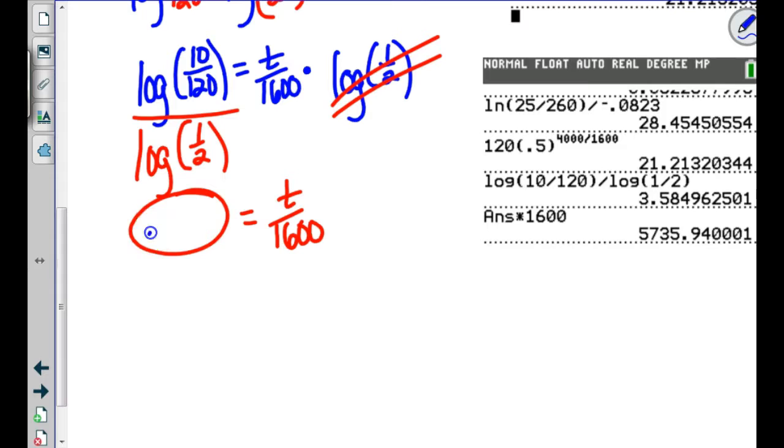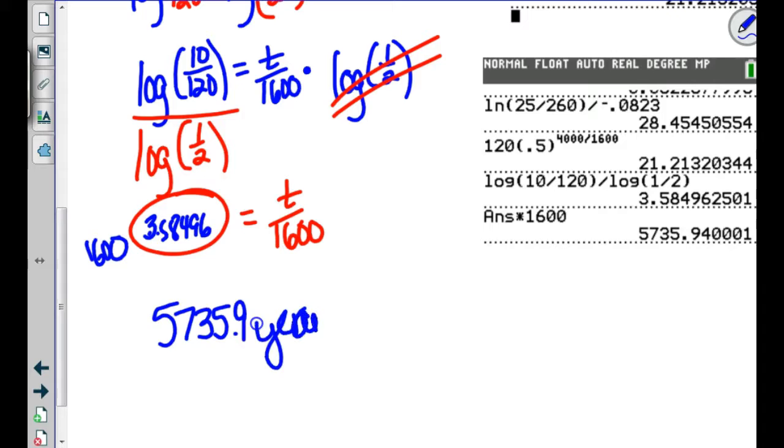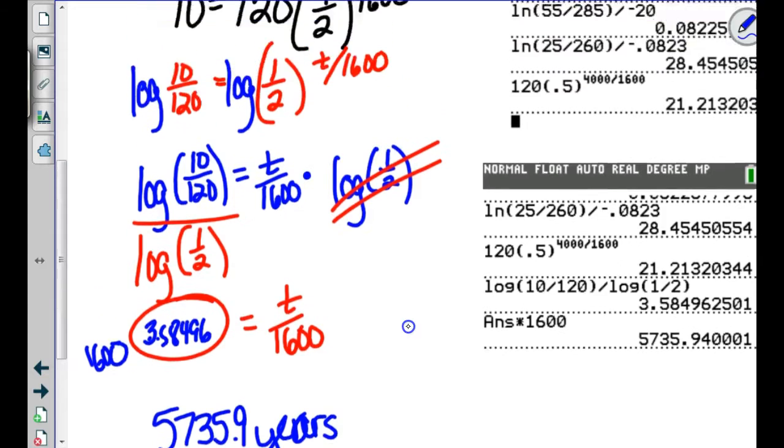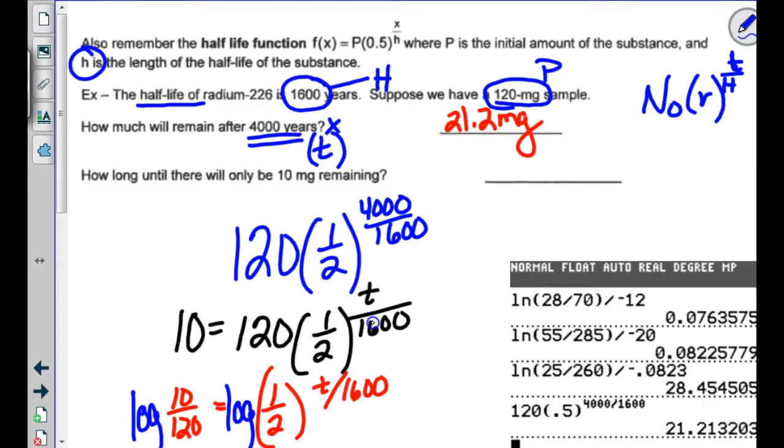Okay, so we got 3.58496 times 1600, and it came out 5735.994, whatever you want to write, years. So almost 5736. Now let's go back and talk about this.